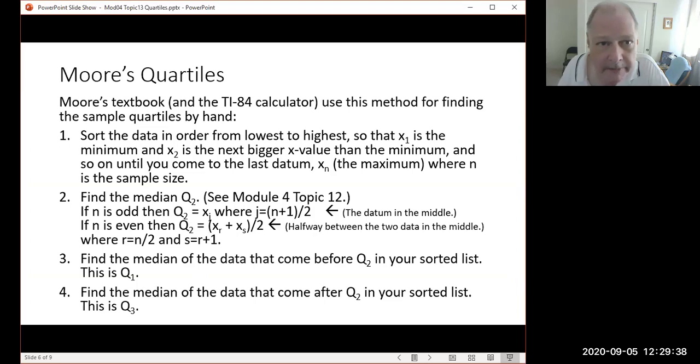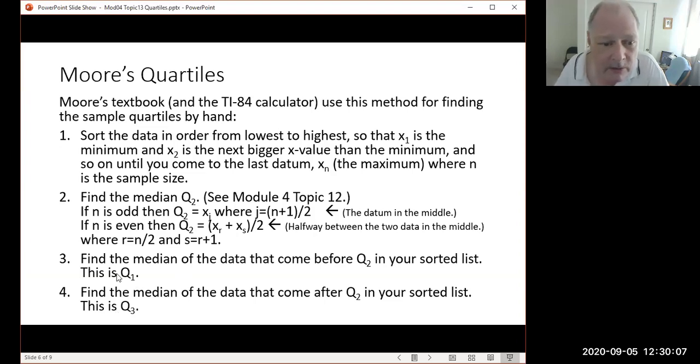So there's an odd number, and if you have 27 oak trees, then there are 13 trees in the bottom half, and then 13 trees in the top half, but tree number 14 is right in the middle. And so the diameter of the 14th tree, X14, that would be the median.